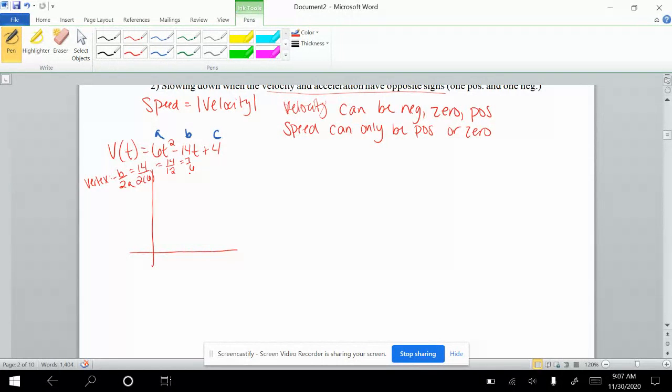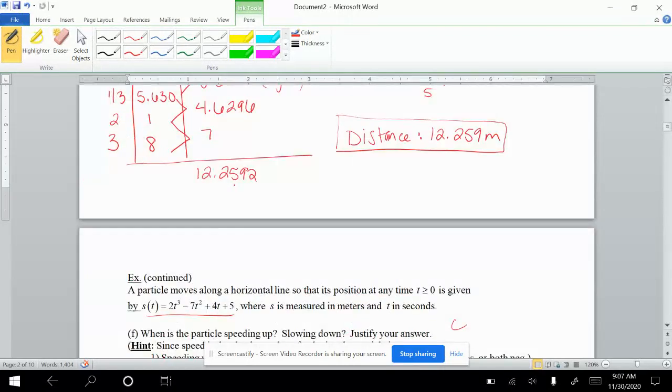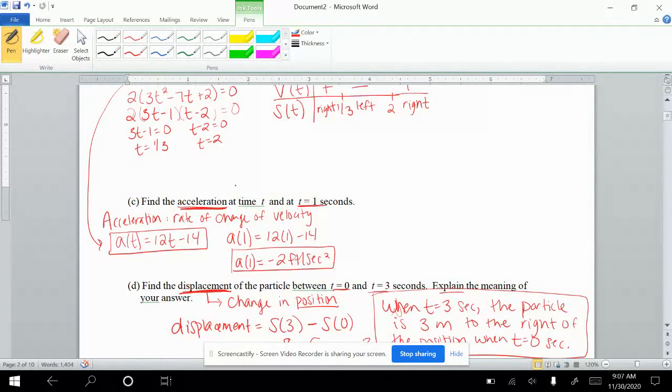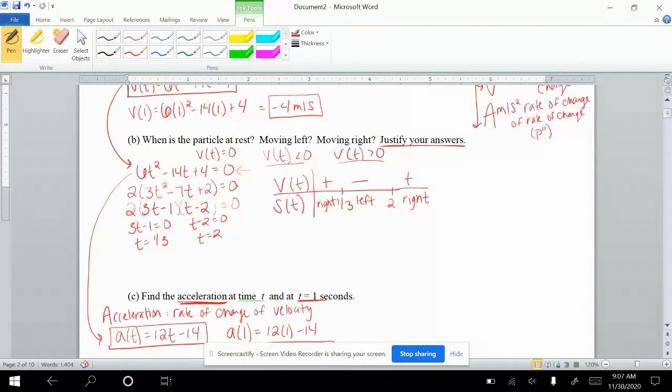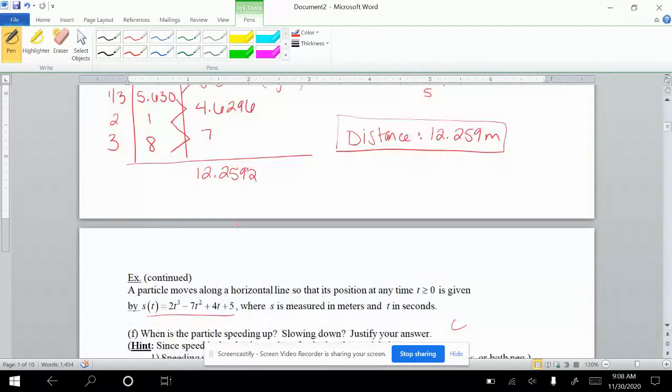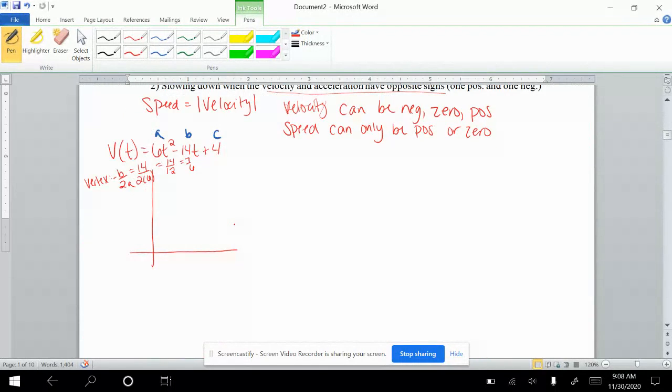We also know our zeros because we found them in the previous problem. When we set our velocity equal to 0, we got our zeros to be 1/3 and 2. So if you're trying to graph this, you know you're going to have a 0 at 1/3 and a 0 at 2.